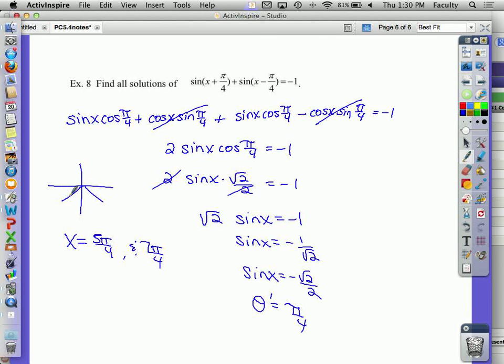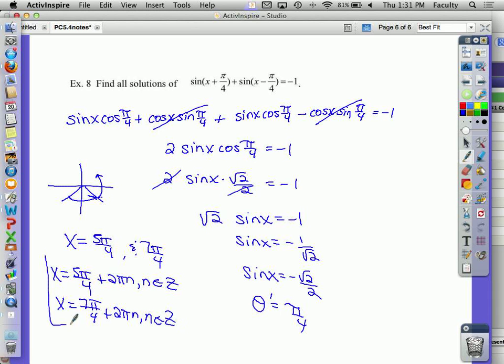Okay, to go from the third to the fourth, that's 90 degrees, but I can't add another 90. That doesn't put me back in the third quadrant. So my solutions are 5 pi over 4 plus 2 pi n, where n is an integer, and 7 pi over 4 plus 2 pi n, where n is an integer.